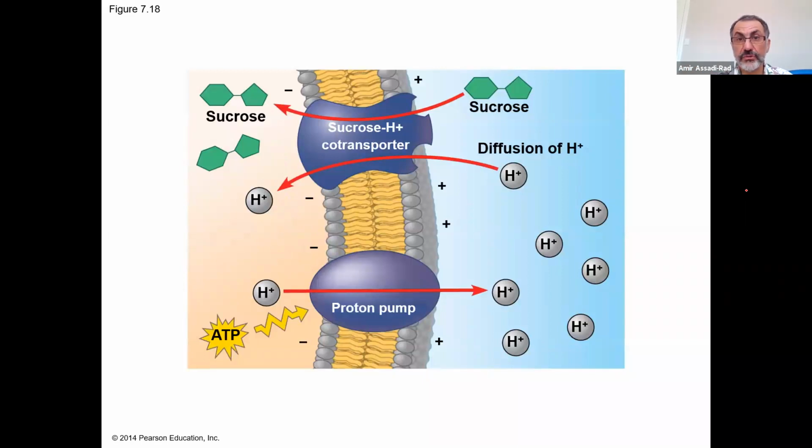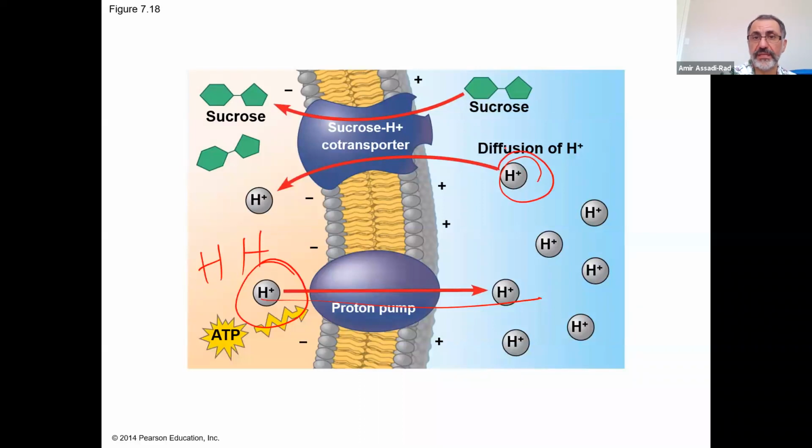Here, sucrose molecules get inside, and of course hydrogen ions get inside, and the hydrogen ions eventually have to go outside, and that is where ATP is needed. This is against the gradient. There's less hydrogen here than here. So they are being pumped out because you need them when sucrose is getting inside of the cell. You also need hydrogen to get inside of the cell as well. So, diffusion of hydrogen.